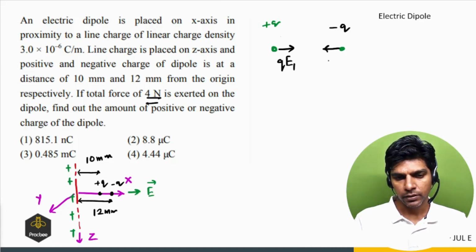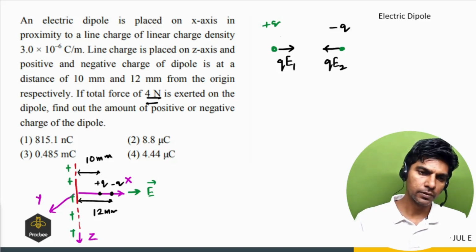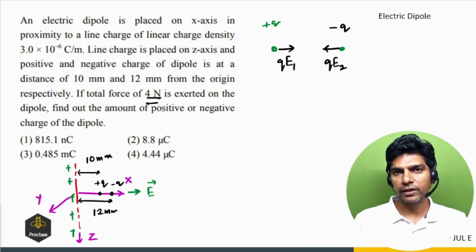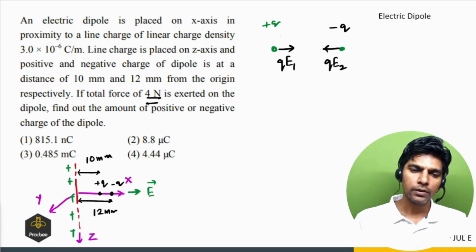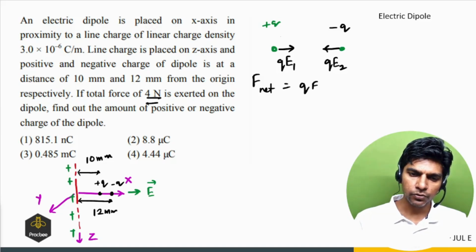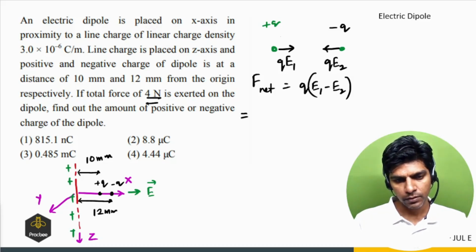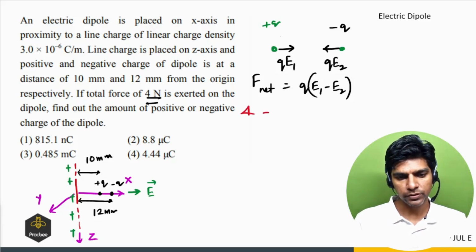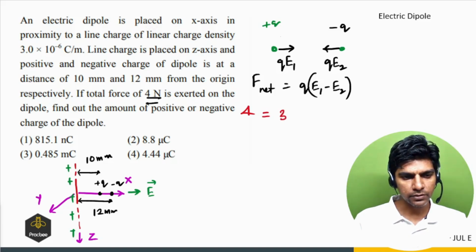So that will be Q times E2. Since the positive charge is closer to the line charge, the force experienced by that charge will be stronger. So we can say the net force will be Q times E1 minus E2. And the force is given as 4 Newton, and we have to find Q.